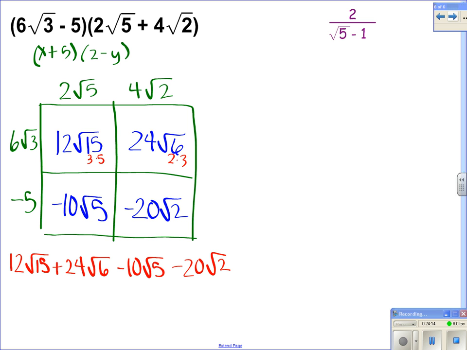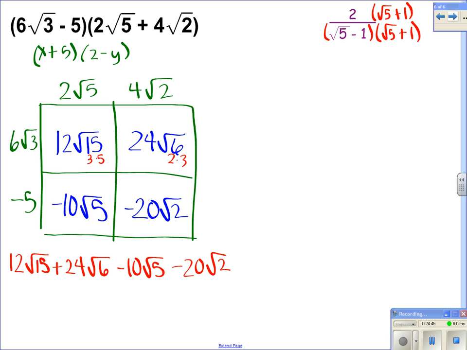So what we need to do in this situation, we wouldn't multiply by root 5 because we would still end up with a root in the denominator. So we're going to multiply by what's called the conjugate, which is just the opposite sign in between the two terms. If we multiply these, we're going to end up getting rid of the root, and I'll show you that in a minute. But we have to also multiply the top by that same value, the conjugate.